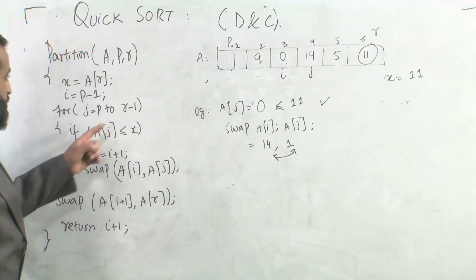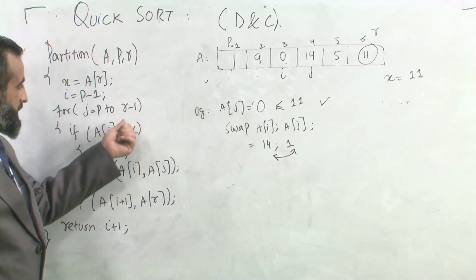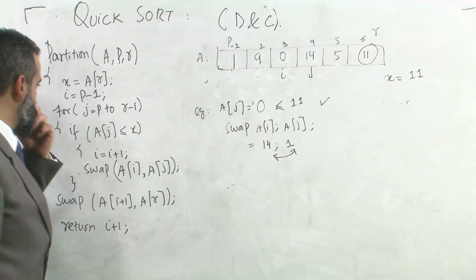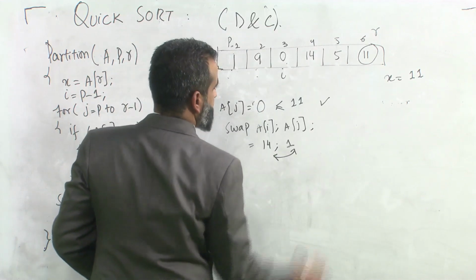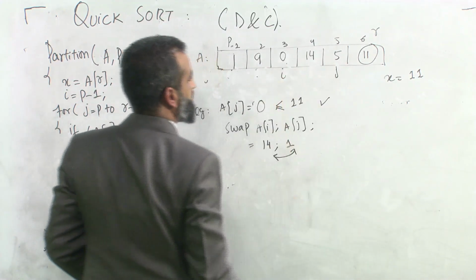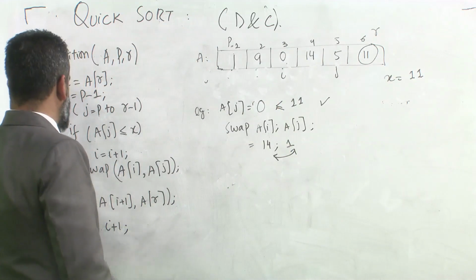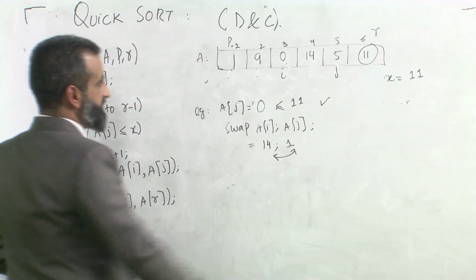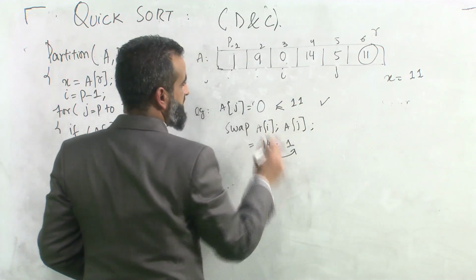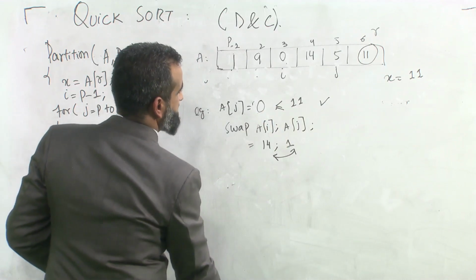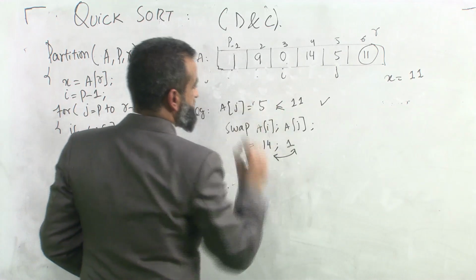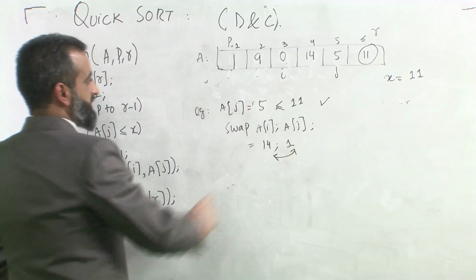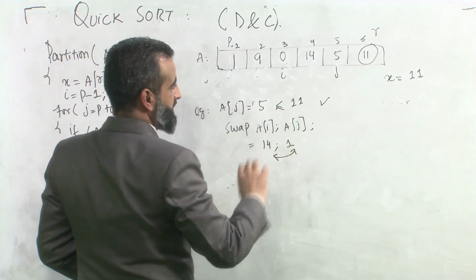We are not done with the loop yet, because the loop still has one element to go, so we'll make the next increment in J. My J will start pointing towards 5. Again, we'll make the necessary comparison between A of J and X. Since A of J is pointing towards a 5, the condition is true, so we'll make the necessary swap.